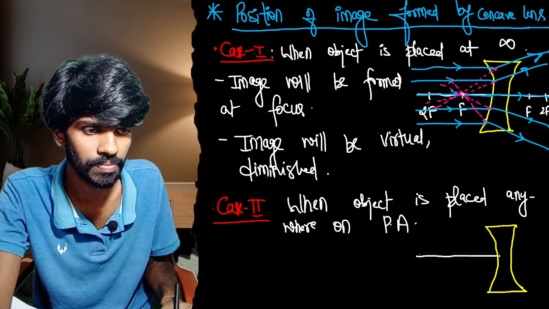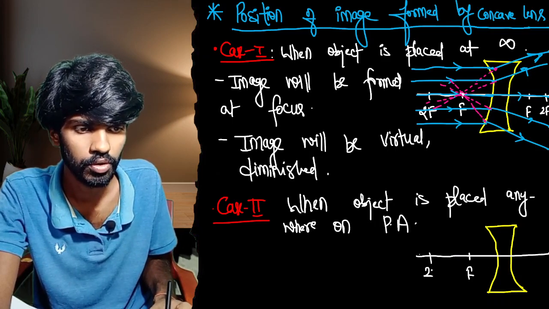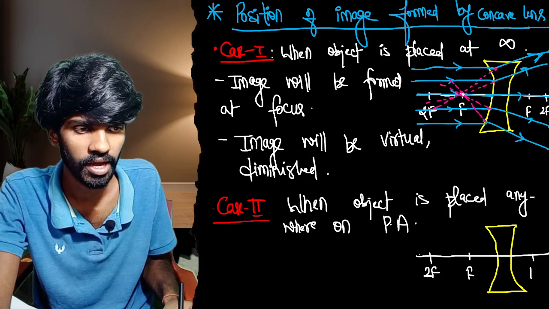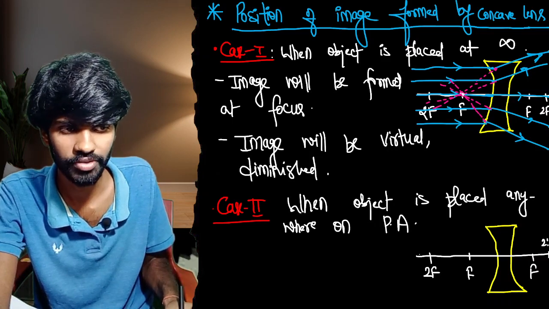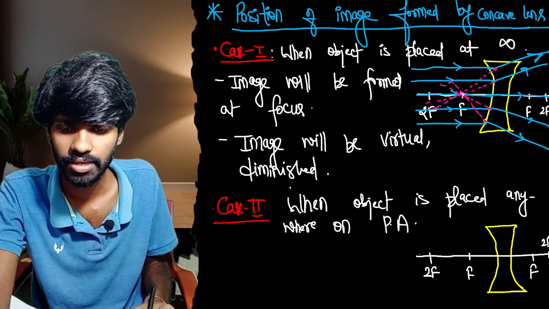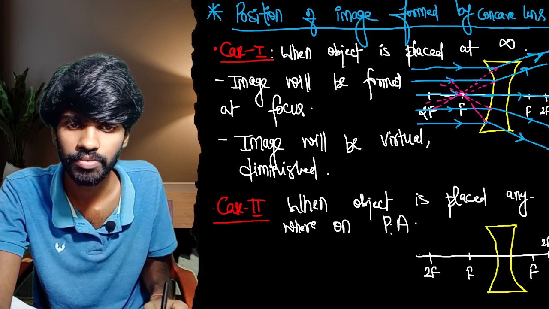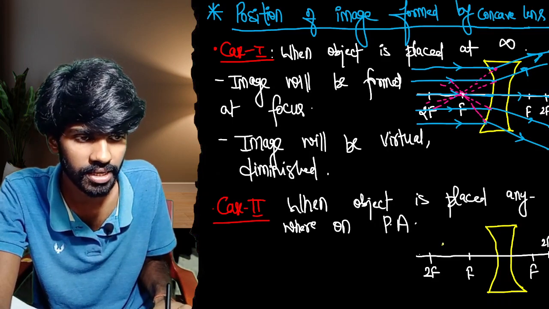It is the principal axis, F, 2F, F, and there also 2F. Okay, so in this situation, if we draw the object at any point, the result will be same. Let's draw it at this point.